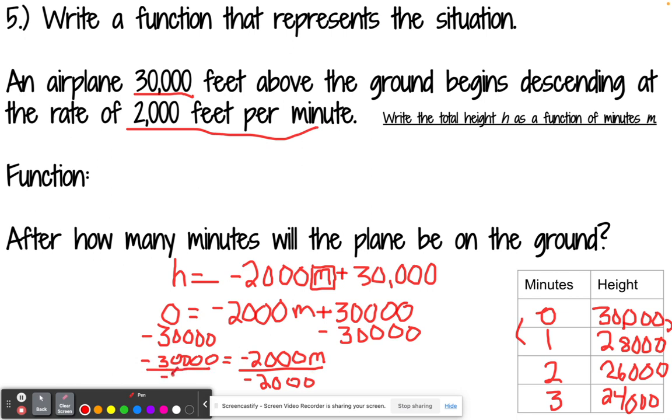Negative divided by negative is a positive. 30,000 divided by 2,000 is 15. So 15 minutes after it starts descending, it will be on the ground.